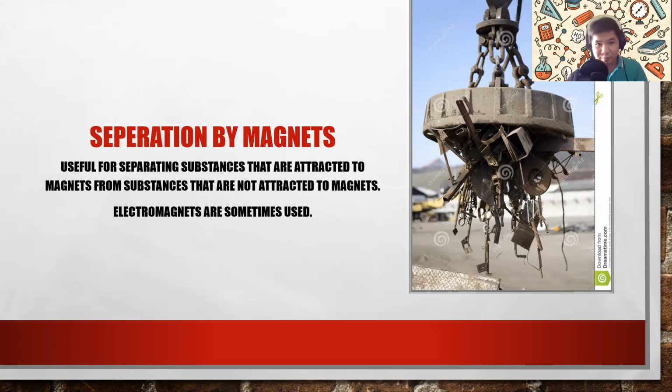Because like what I told you before, some solids are attracted to or can be picked up by magnets. Now, when are we going to use this? If you look at the picture, what do you think that picture is? That picture is a garbage dump or landfill.